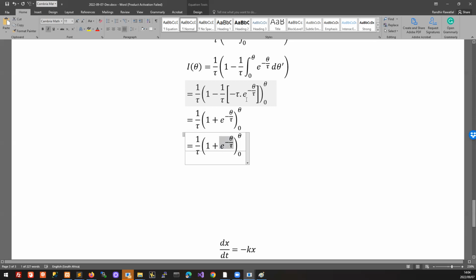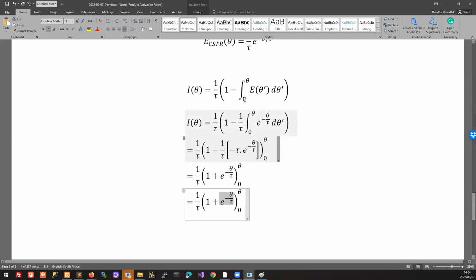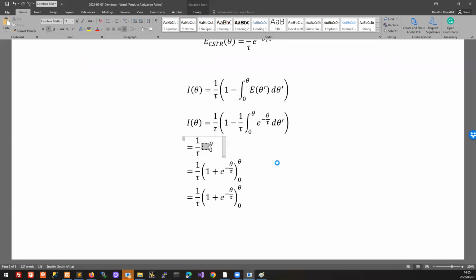By the way, why did I apply limits around this whole thing? It's not right to put the limits here. Sorry about this. So the integral is only of this part.